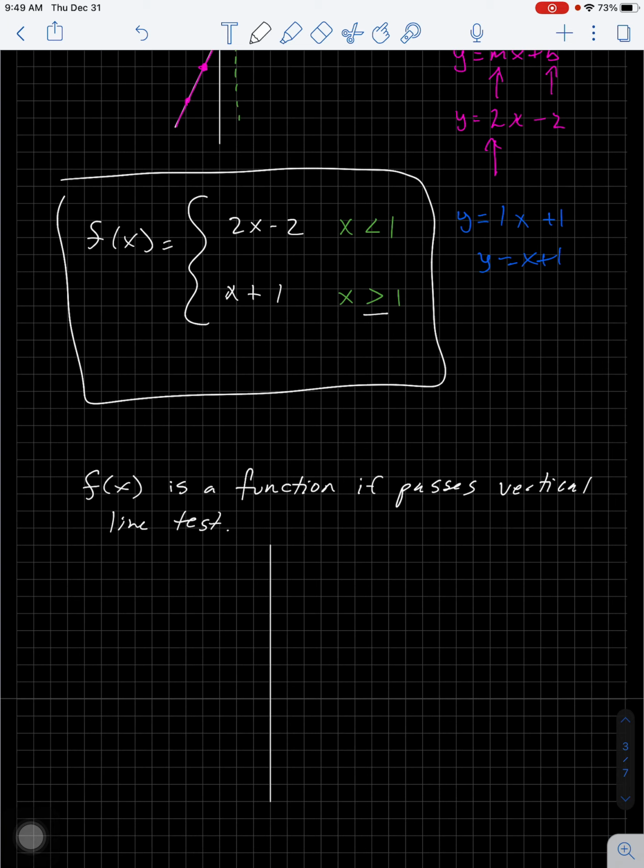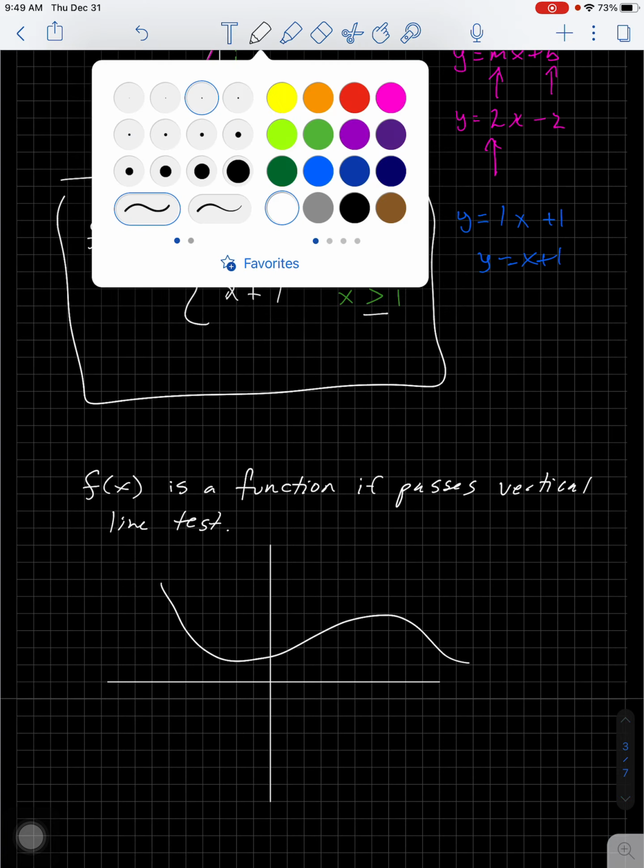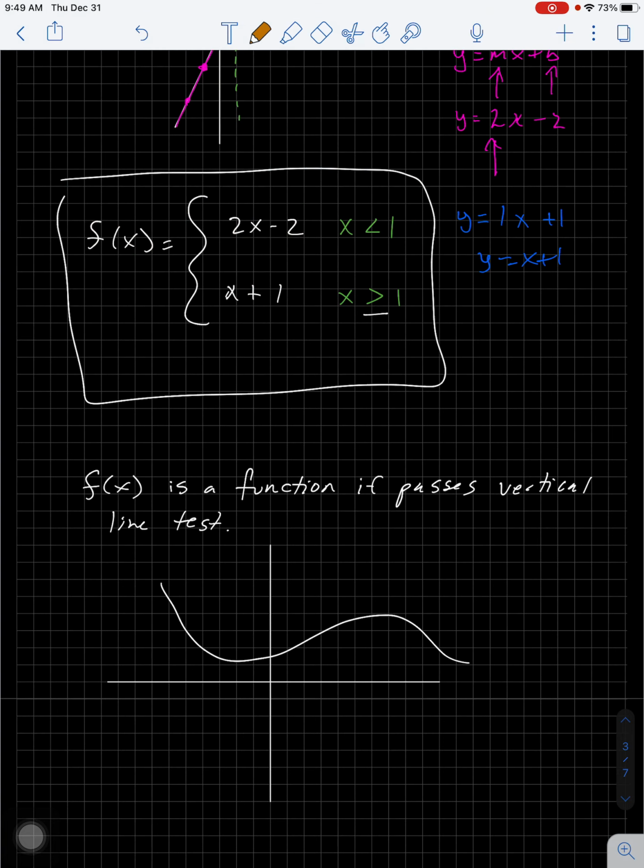If I have a picture, a graph, and let's say it looks like this, okay? The vertical line test says take a vertical line and pass it through this graph everywhere, all the way along. And if all of those orange lines only ever touch the graph one time, then that means it passes.